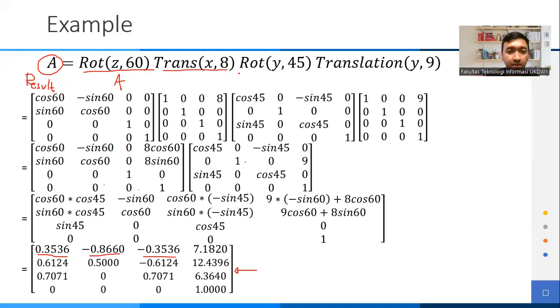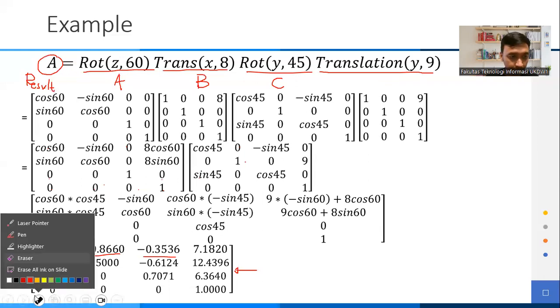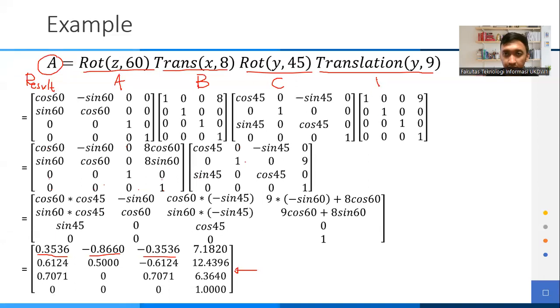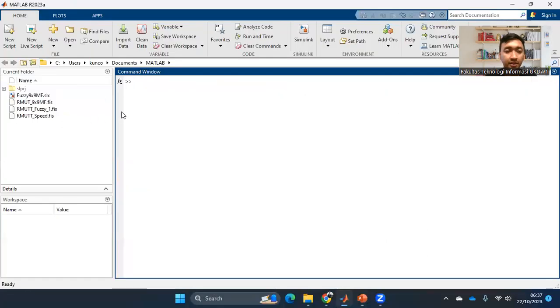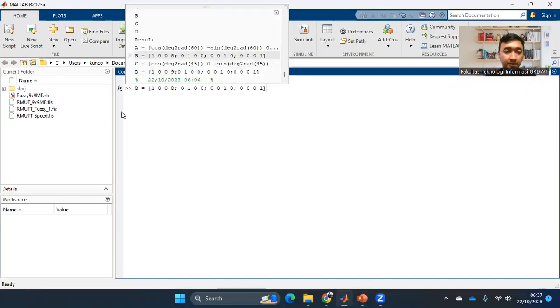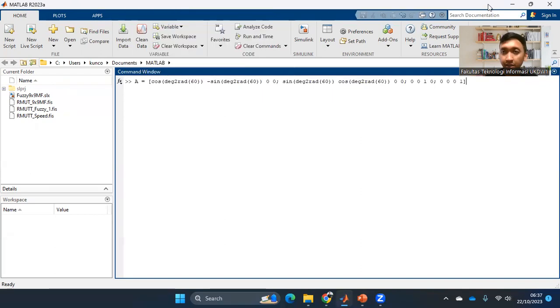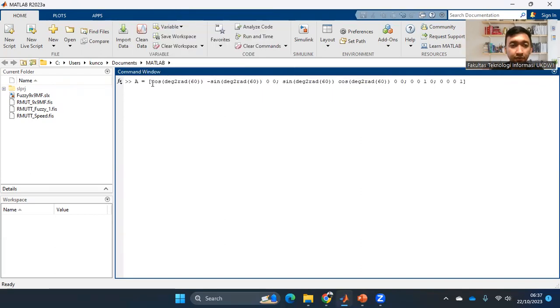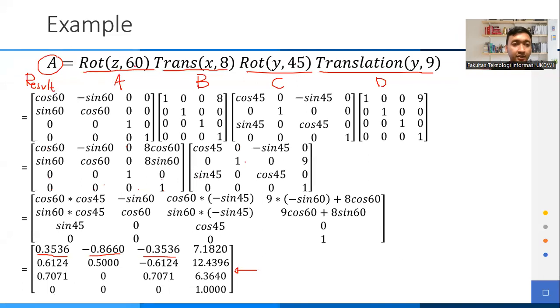For the translation X 8 is B. For the rotation Y 45 is C. For the translation Y 9 is D. So in MATLAB, we can set A. A is a transformation matrix for rotation Z in 60 degrees.